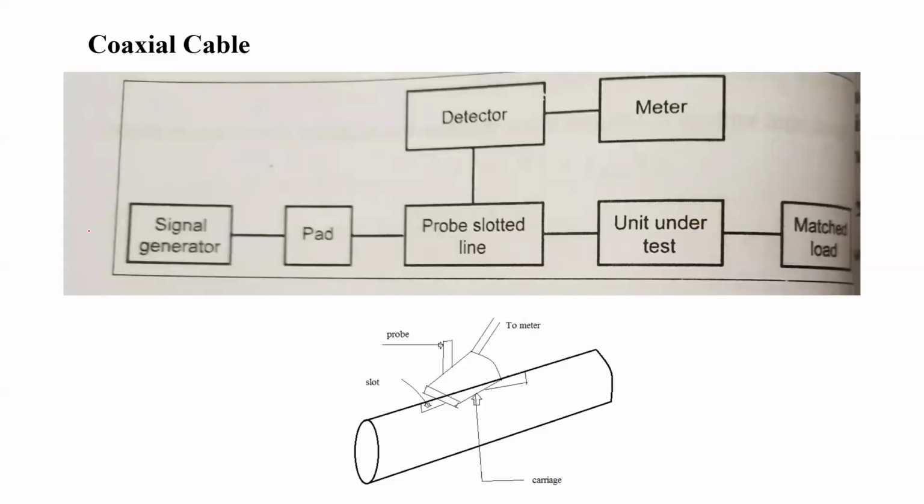The second method is called coaxial cable. As we look into this, we have a signal generator. This is the source which generates the signal, and this signal is given directly to the coaxial cable. This probe slotted line is nothing but the coaxial cable.